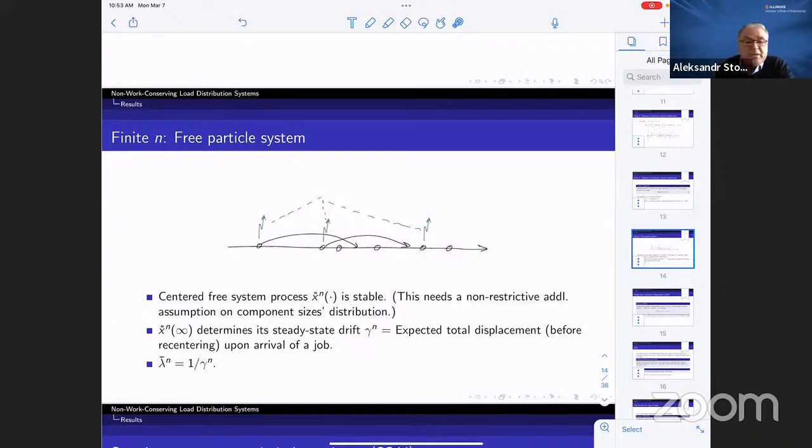It may not be defined explicitly, but it is given in terms of the stationary distribution. Then it's not very hard to see that the upper stability bound is 1 over this. So the stability condition of the original system is lambda n gamma n minus 1 has to be less than 0. This is the drift of the particles if they were not moving left, and this is the drift due to their movement to the left.